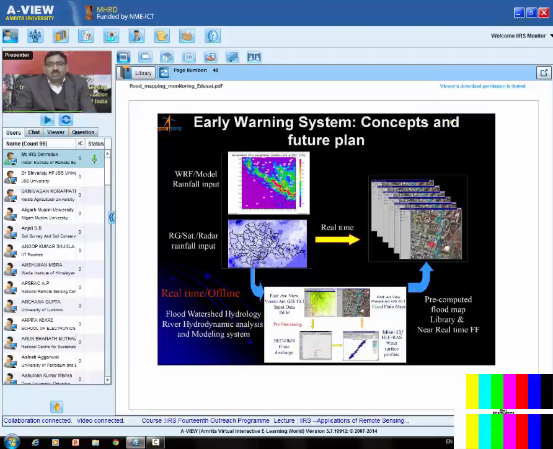Run the model and you generate the scenario: this much area will be inundated, this much area will be inundated. Like that, you can generate different scenarios and provide them to government organizations or NGOs, whosoever you want. So this is the future work we are planning, the total conceptual framework.